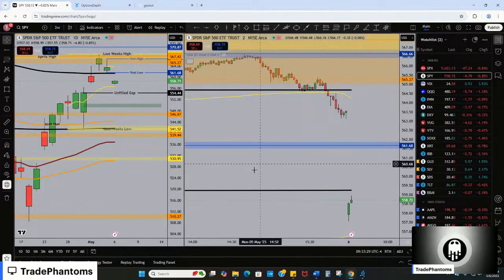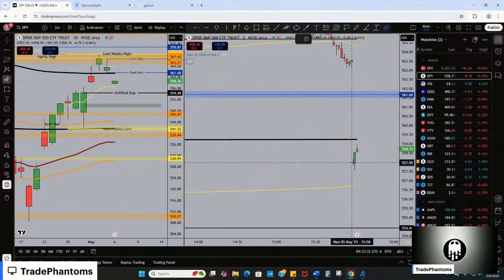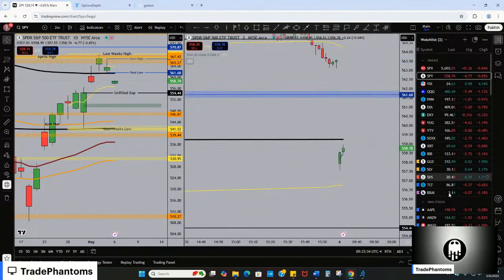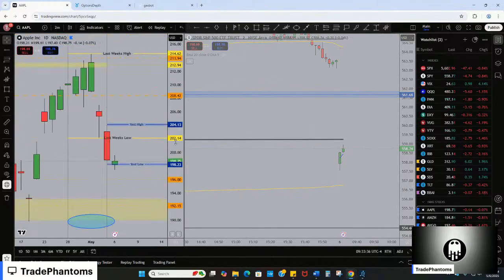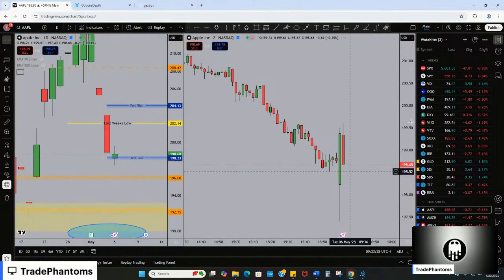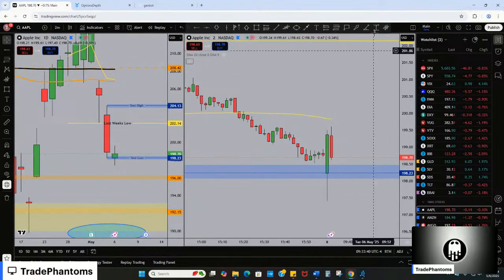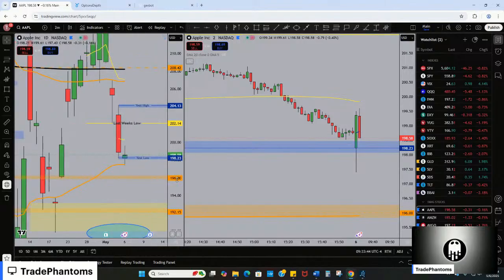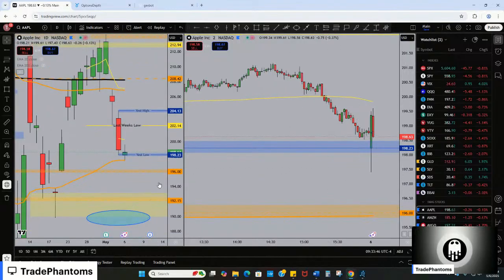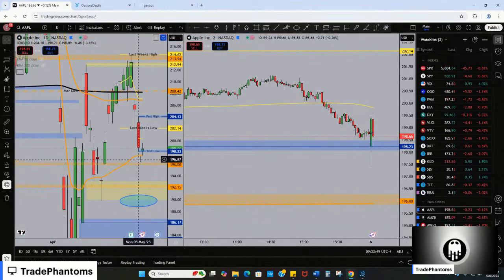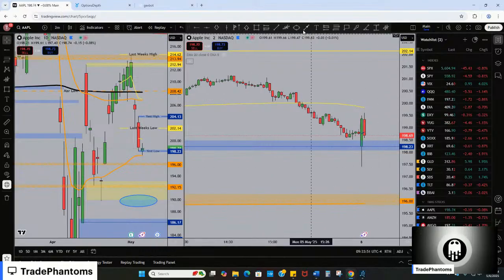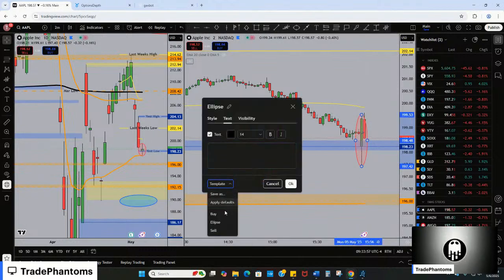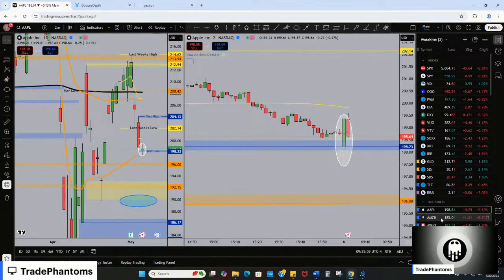All right, as you see, Tesla gap down. Apple gap down into its last month's VWAP, put in a little bit of a trap bar here. Interesting. Apple's been relatively weaker, however, so be patient with that.